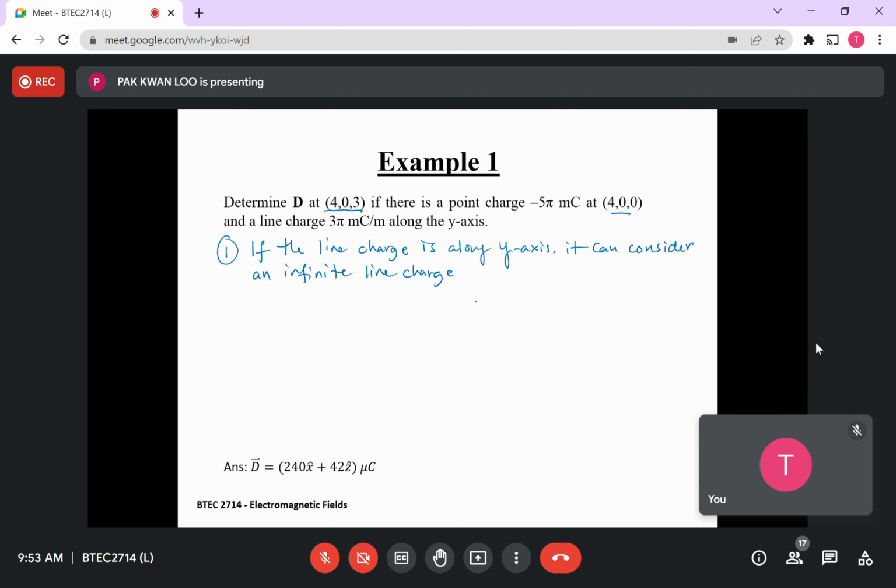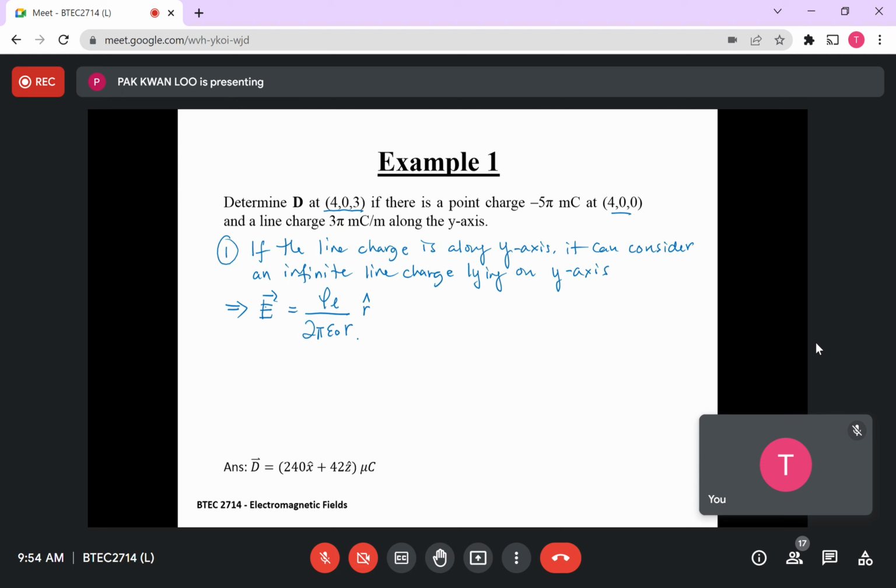Lying on the y-axis. So the electric field is rho L divided by 2 pi epsilon naught R, R cap, right?